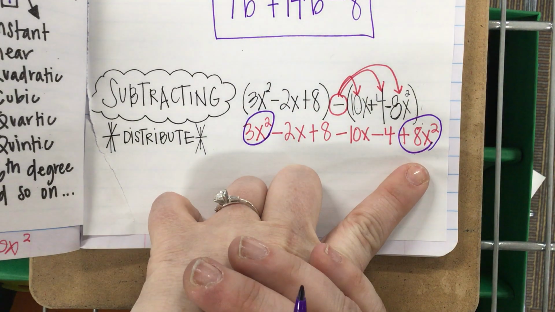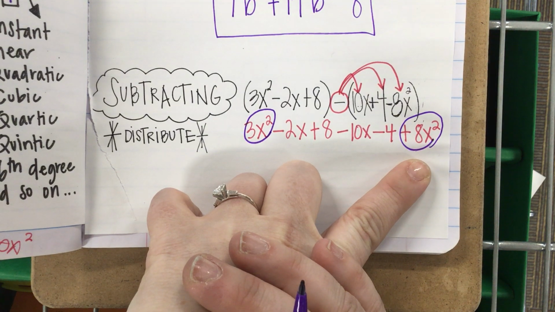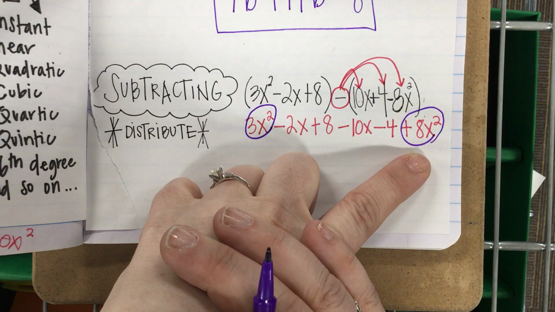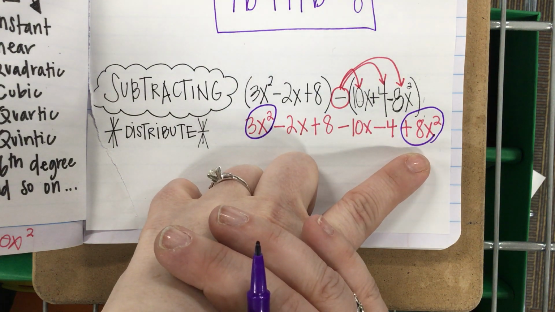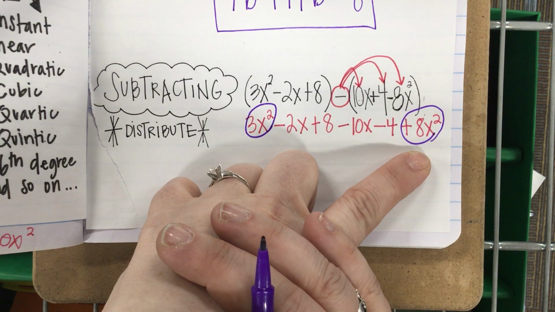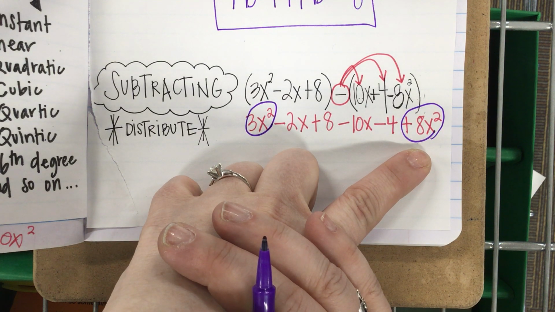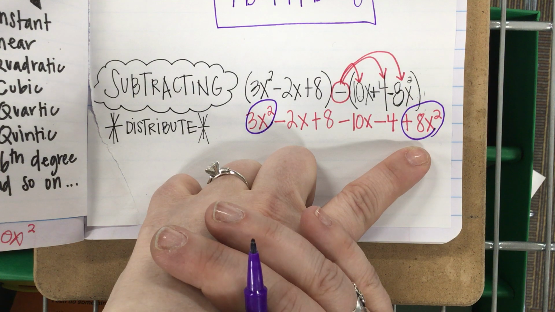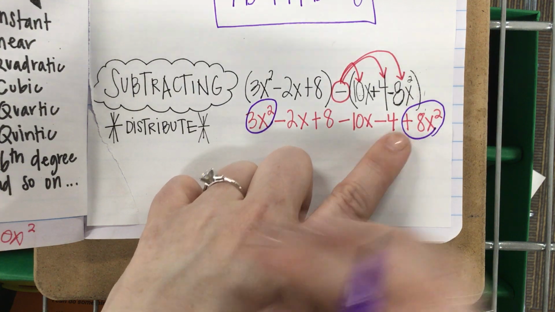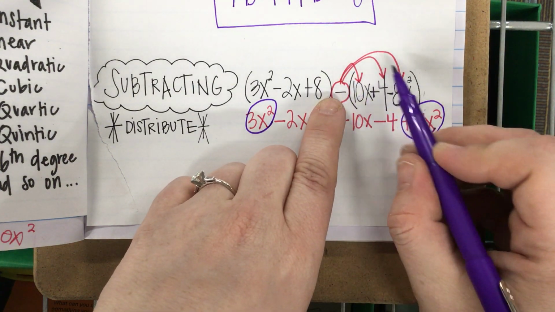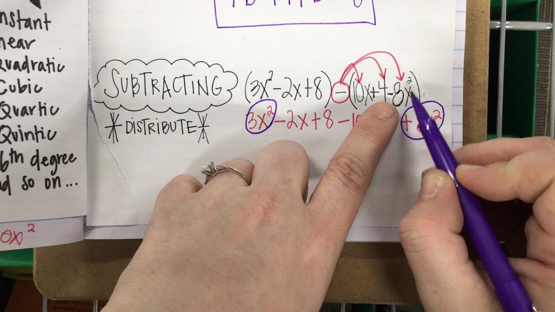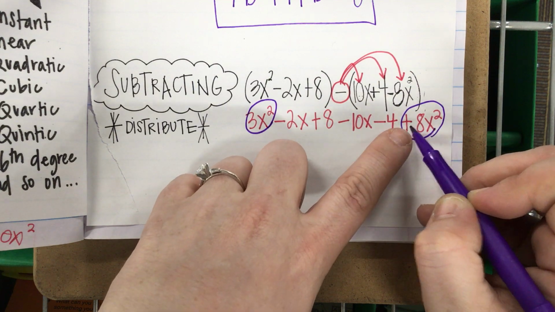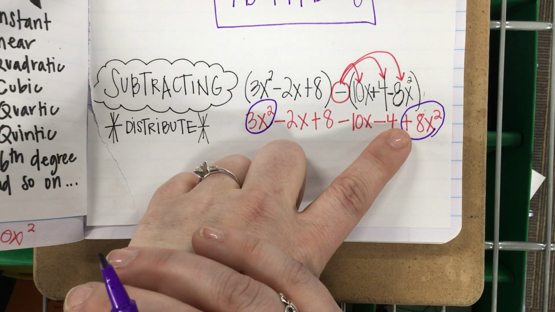Did you rewrite the problem? Yes, I rewrote it. Did you write it the right way? It's already negative. We distribute this minus to this minus 8x squared.